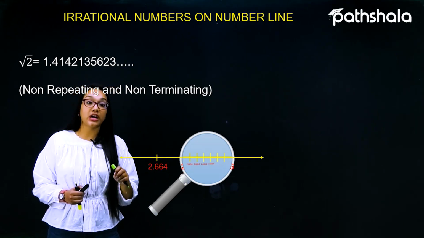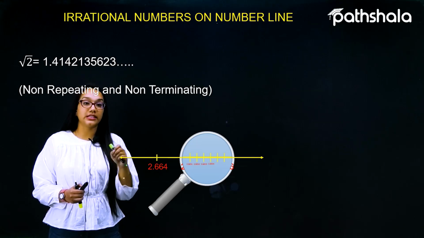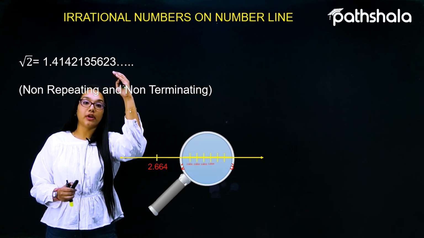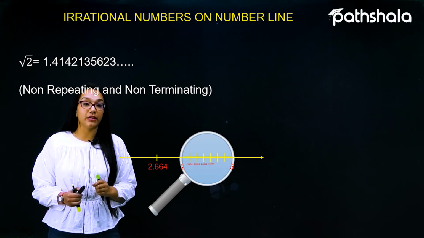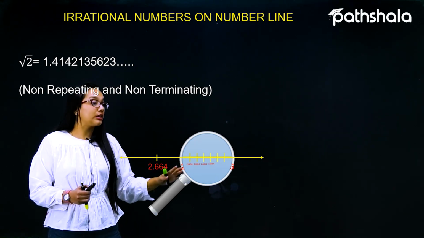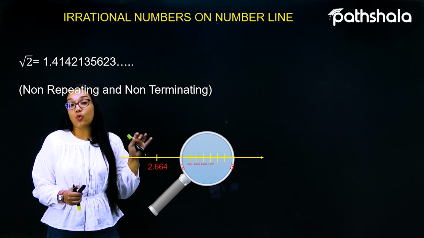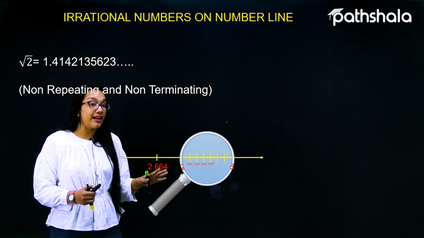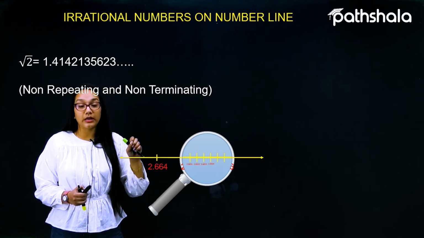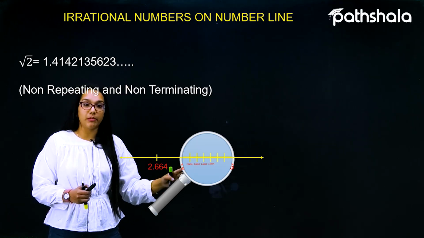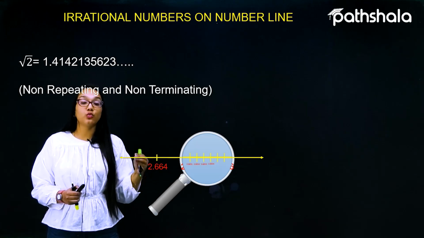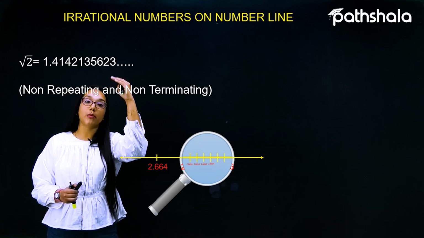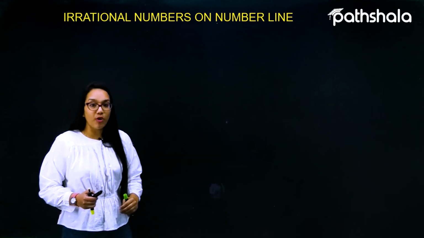So let's discuss how we can plot such numbers in an easy manner, because we are very clear that it is quite impossible without the help of this magnifying glass. So let's move on further towards the easiest way through which we can plot such numbers on the number line.